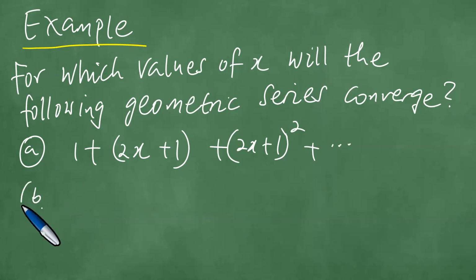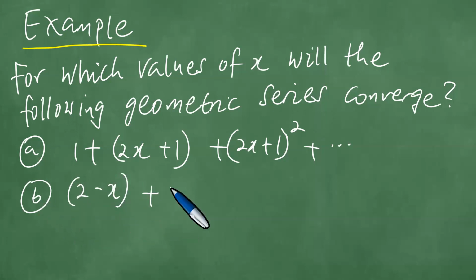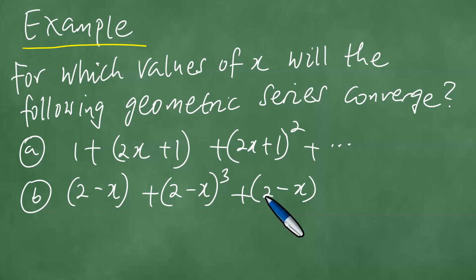B, 2 minus x, 2 minus x squared, and then cubed, and so on.